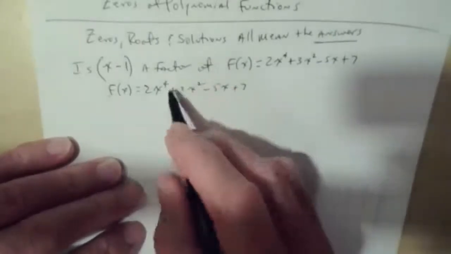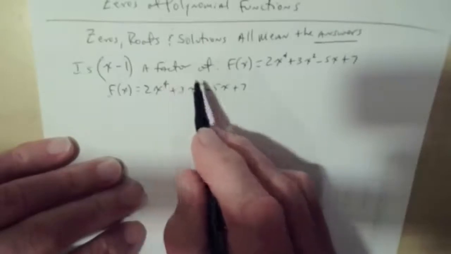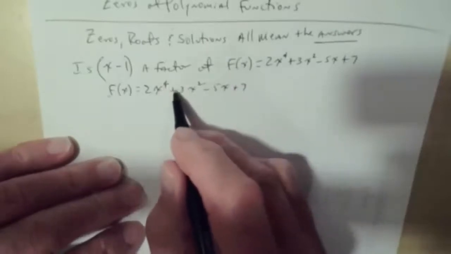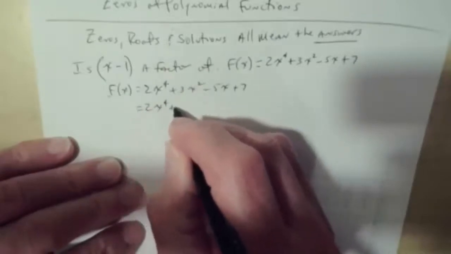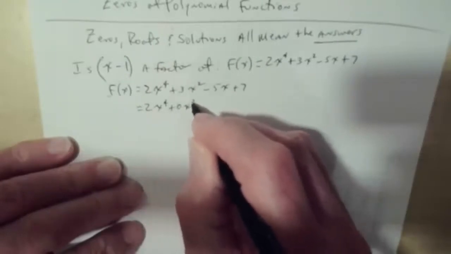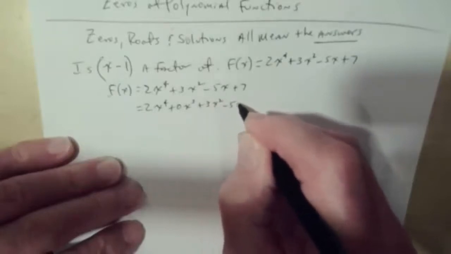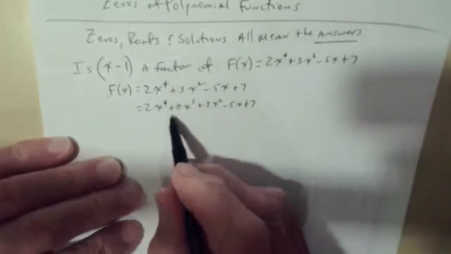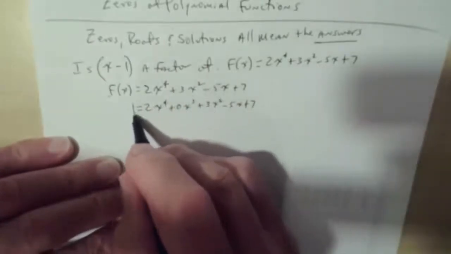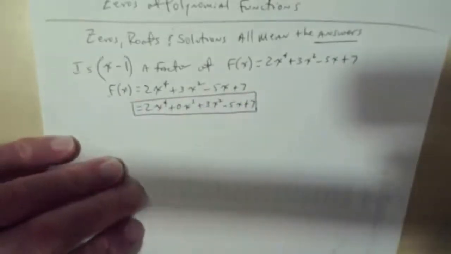Remember, it has to go the fourth power, third, second, first. Okay, so we're missing the cubic. So it should be 2x to the fourth plus 0 x cubed plus 3x squared minus 5x plus 7. Okay, this is what we're going to use as our dividend for our synthetic division.